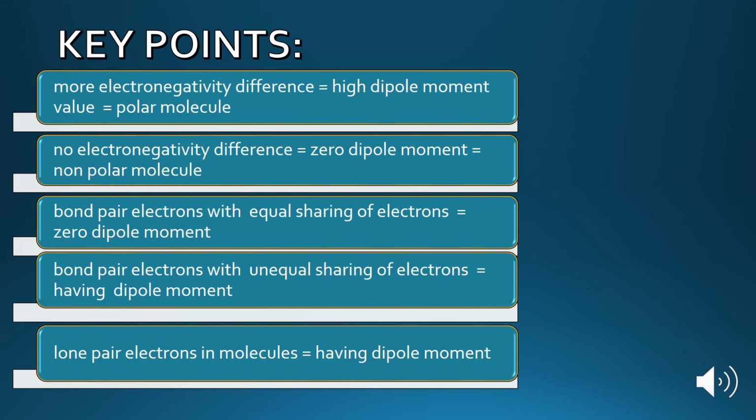Bond pair electrons with equal sharing result in a zero dipole moment because of no electronegativity difference between atoms. Bond pair electrons with unequal sharing have a dipole moment value because of the electronegativity difference between atoms. Friends, remember that the lone pair of electrons in a molecule gives a dipole moment value because of the electronegativity difference.